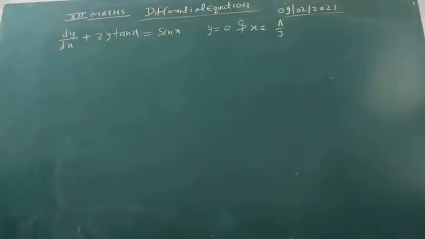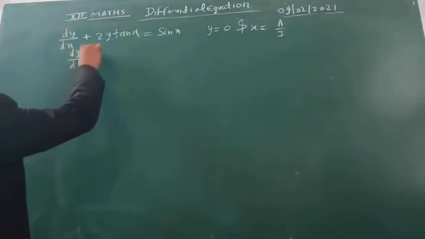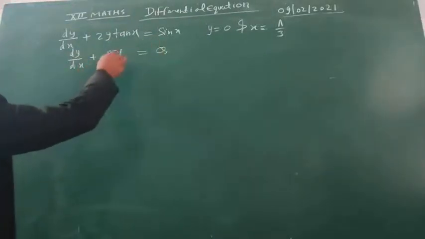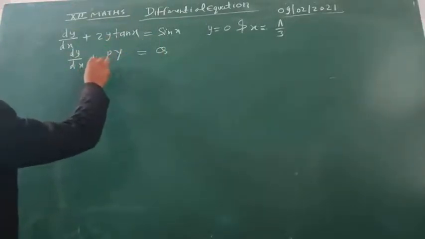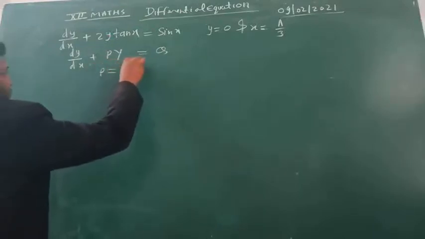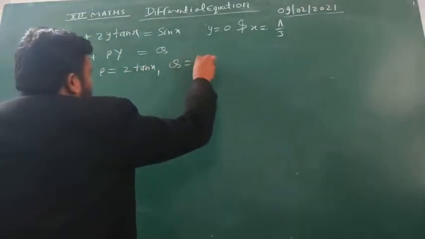Okay students, so first of all we see that this is of the form dy by dx plus Py is equal to Q, and when we compare this standard equation to the given equation, we get P is 2 tan x and our Q is sin x.